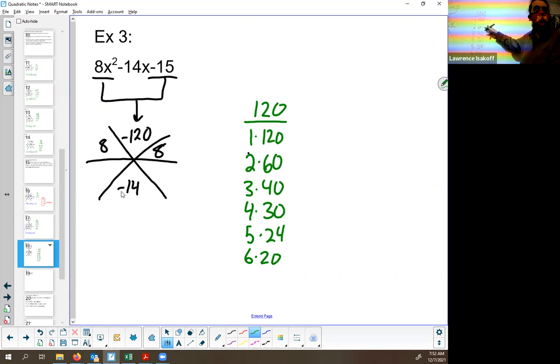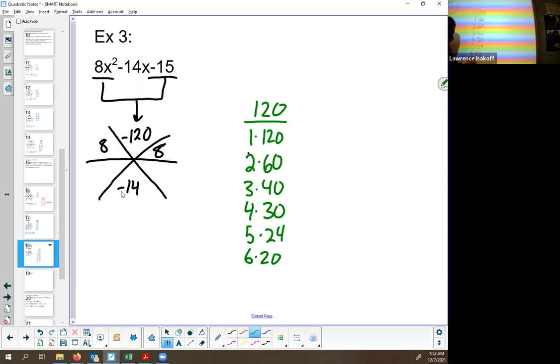Now, when I look at any of these numbers here, does 7 go into any of these? Any of these smaller numbers? No, so I'm not going to stress about trying to figure out 7. However, 8 goes into 40 and 8 goes into 24, right? So 8 goes into 120. So 8 times what gives me 120? 15.